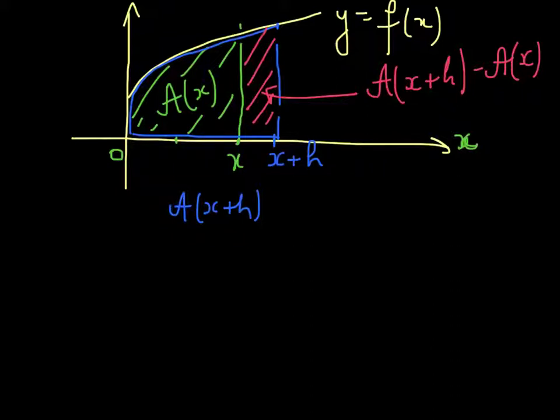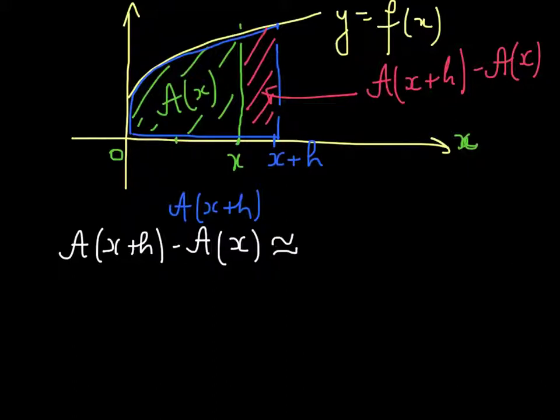So what I can see for now is that A of x plus h minus A of x, meaning the red area, when h is very, very small, is approximately equal to the area of a rectangle. So I can say that this is about h, the base of the rectangle, times f of x.